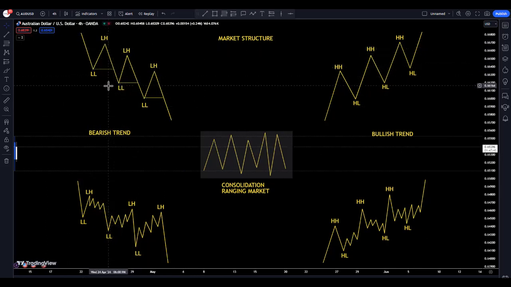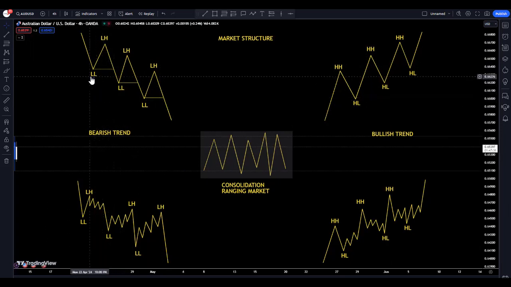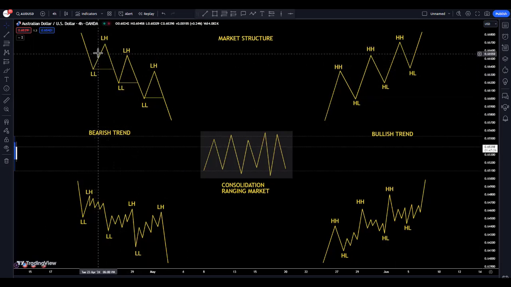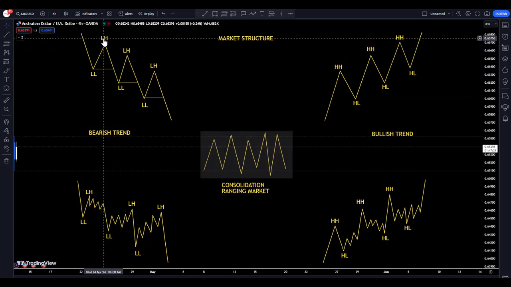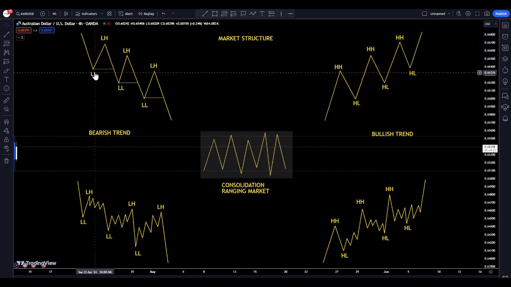Now, for you to know if this is a bearish trend, after we have a lower low here, the market went up, creating a lower high. Then we have the market coming down here, breaking this last lower low.